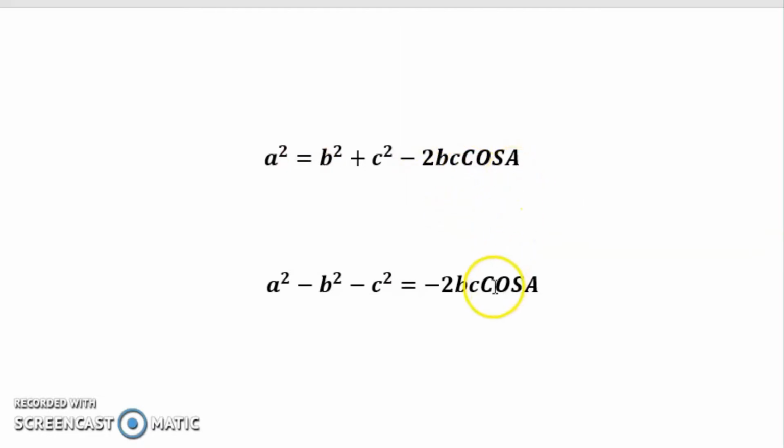The next thing we are going to do is that I want to make cos a the subject of formula. So I divide both sides by minus 2bc. Remember, if I divide the right hand side by minus 2bc, minus 2bc will cancel out minus 2bc, leaving us with cos a.